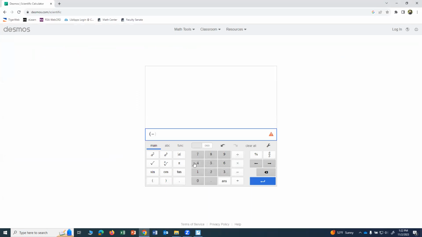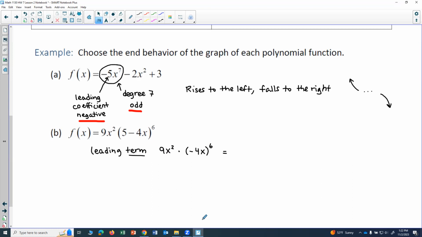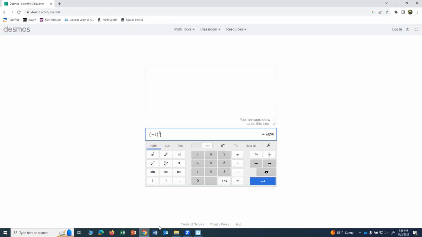And I know it will come out as a positive because it's to an even power. Let's see, to the 6th power, 4,096. I'm going to multiply that by 9. So I get 36,864.